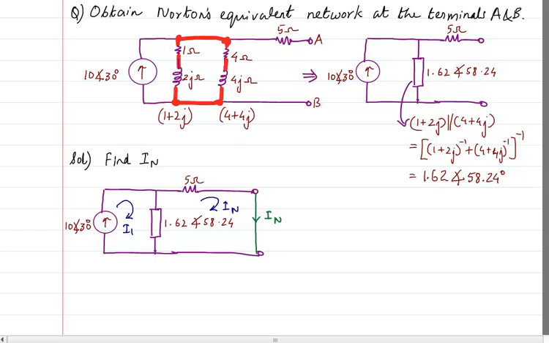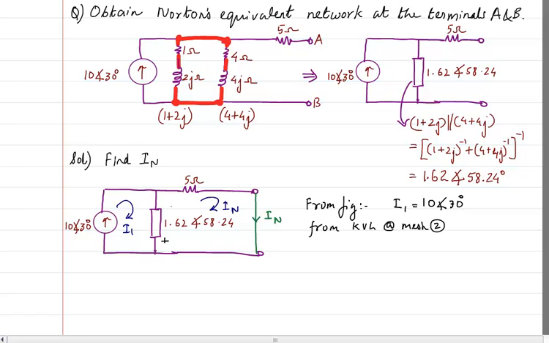From the figure, I can directly see that I1 is equal to 10 angle 30 degrees, very clearly. Therefore, now I have to do only the second mesh. From KVL at mesh 2, here I have the current IN going.